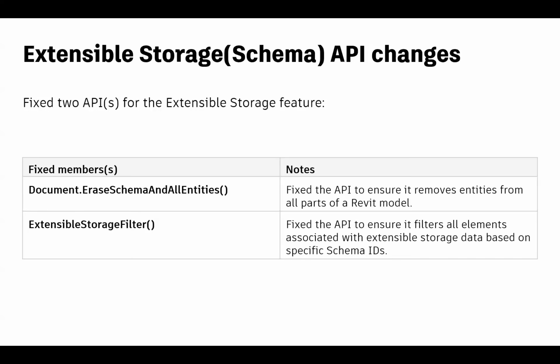The first one ensures that it removes entities from all parts of the Revit model. And the second method is fixed in the API to ensure it filters all elements associated with the extensible storage data based on specific schema IDs.